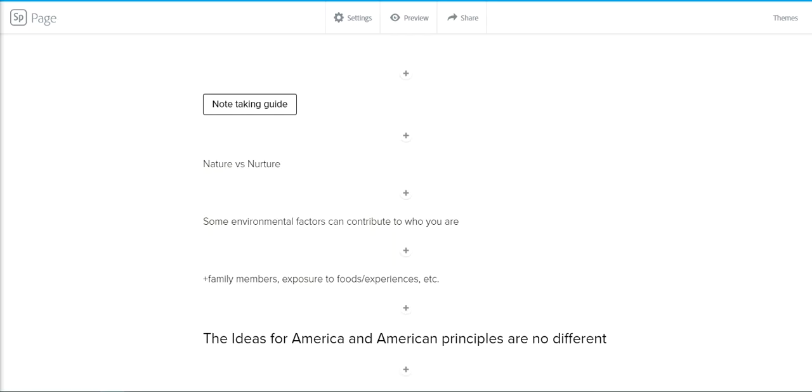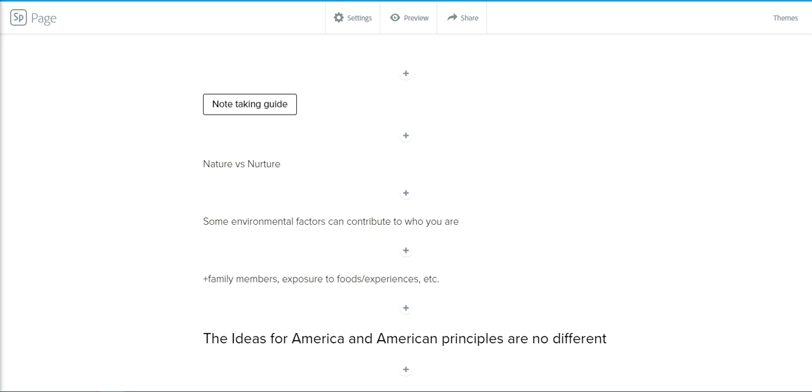It's been found that mercury can affect the brain in a way that makes people paranoid in some ways. So certainly, certain chemicals or environmental factors can contribute to who people are.